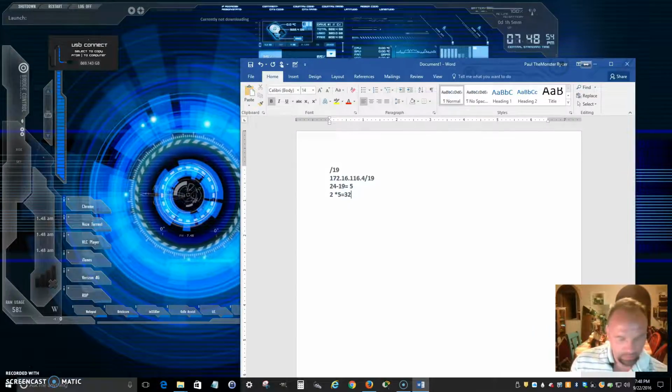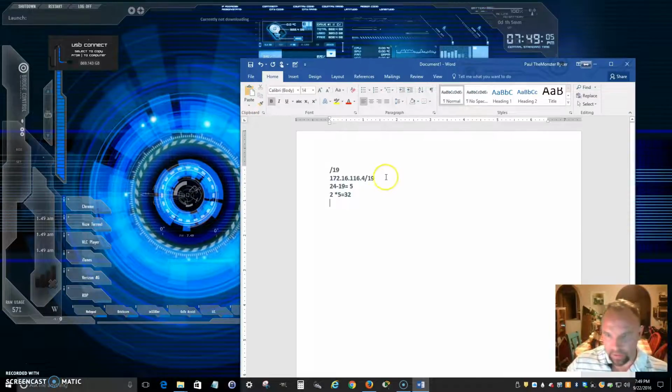Bit 19 is in the third octet, so we count up our block size in that octet. We'll copy this and paste it down here. 172.16, start. We have to take that away because it is the third octet: 0.0.